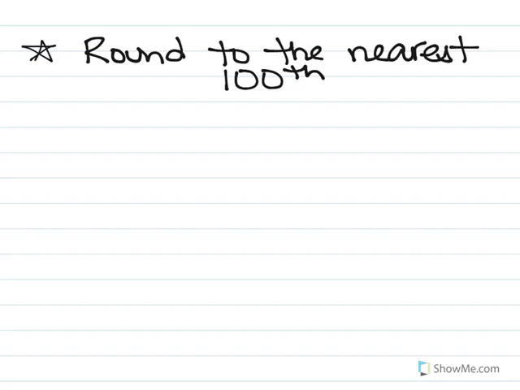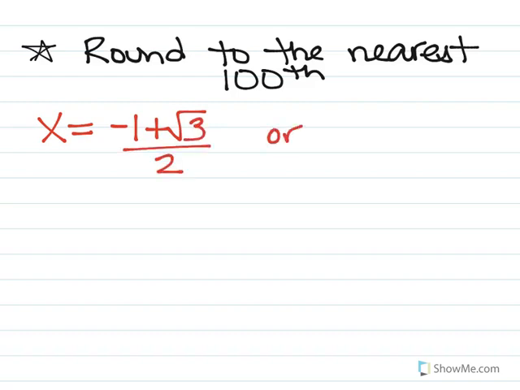Okay? So I'm going to write down the answers that we would have had on the page before, right? So one answer was negative 1 plus radical 3 all over 2, or the other answer was negative 1 minus radical 3 all over 2.